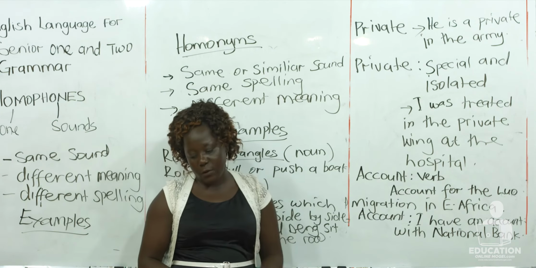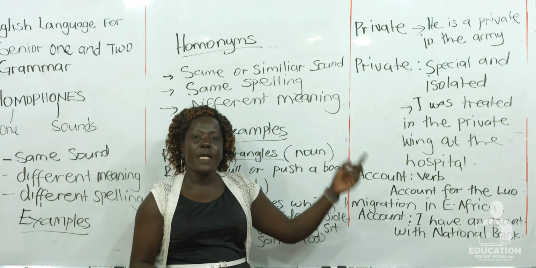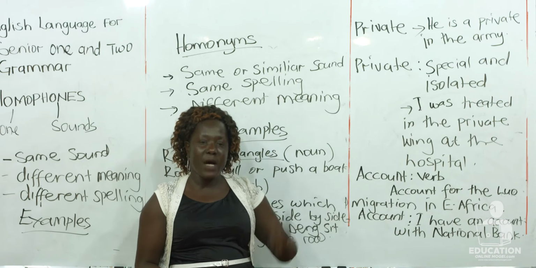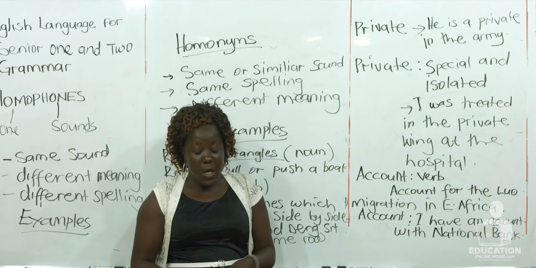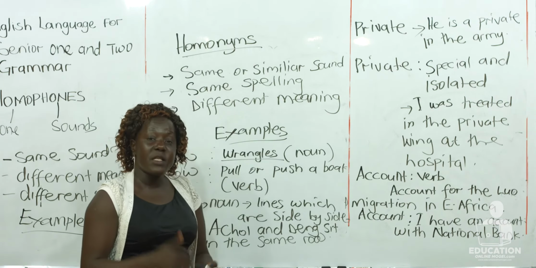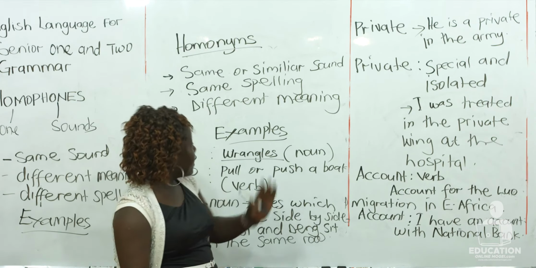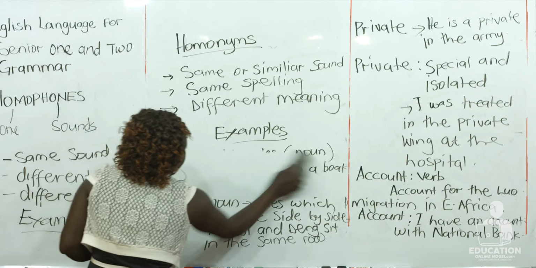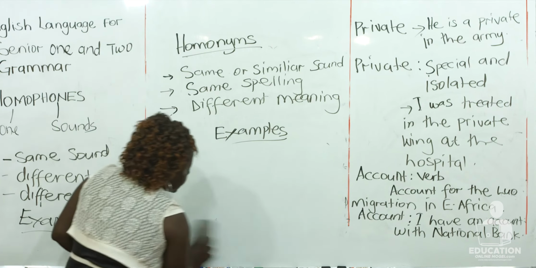Be very careful. In most cases, what brings problems, my dear senior 1 and 2, is when you don't know how to differentiate whether it is a noun or a verb. So be very careful. The pronunciation will determine. There is also another word which is used as a verb and also a noun. Look at this word.